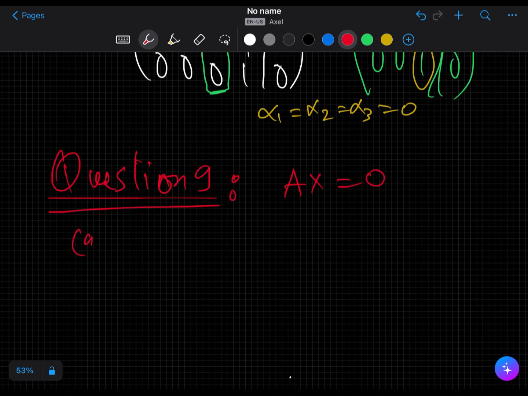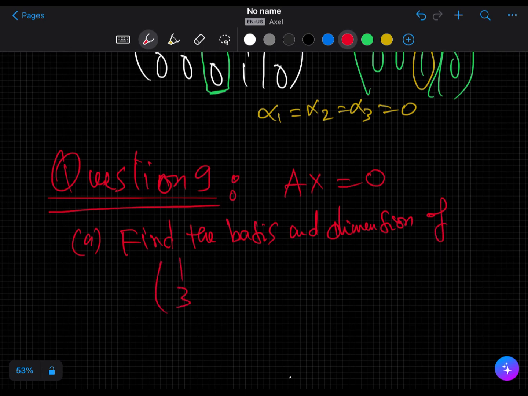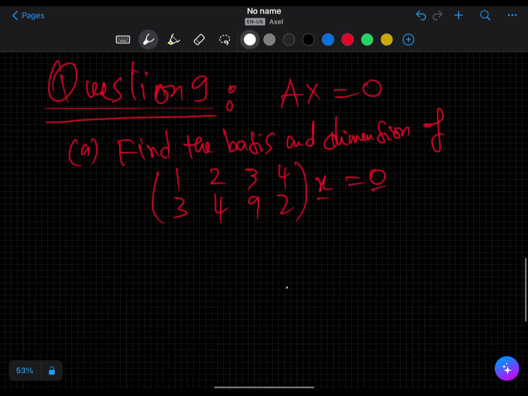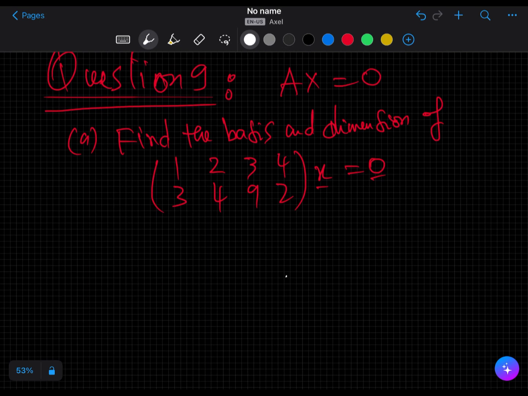You are asked to find the basis and dimension of the solution space of the matrix (1, 3, 3, 4; 3, 9, 4, 2) times X equals 0. How do you solve such an equation? You have to find the basis and the dimension.